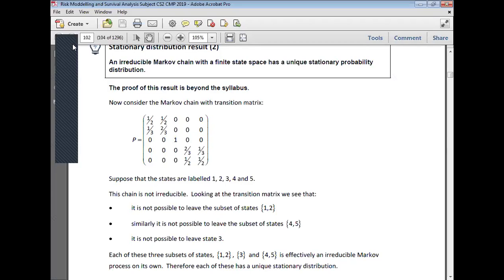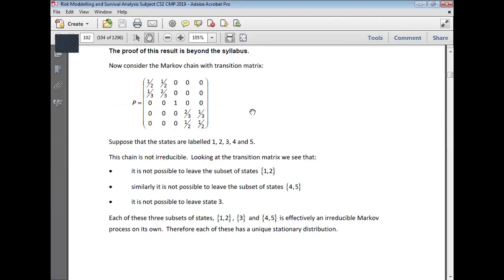Let us say this is the Markov chain that I'm looking at now. If you were to draw a diagram for this transition matrix, from 1 to 2 the probability is a half, and from 1 to 1 is a half.